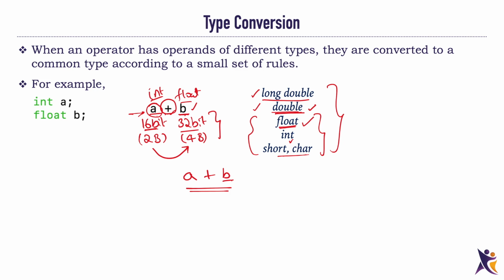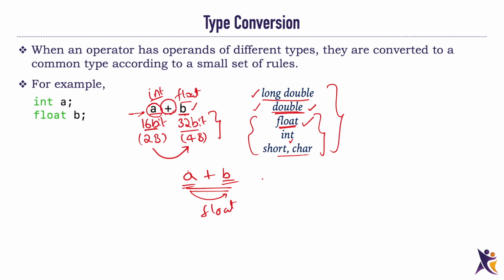Here we have b as floating point number, so it will convert all the other operands into floating point number, right? Here I have integer, so this will be converted to floating point number, and then the expression is evaluated, right? All these will be taken care of by the compiler itself.